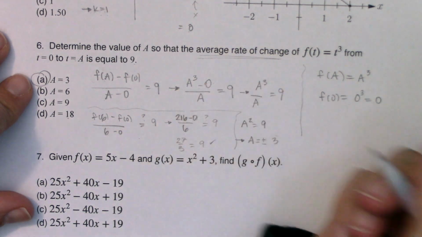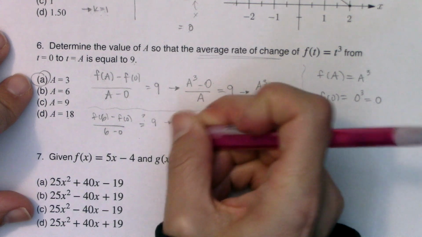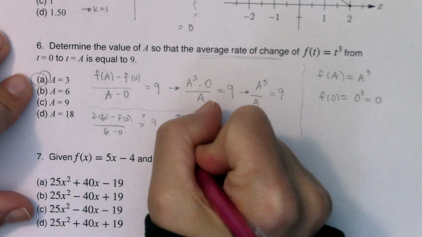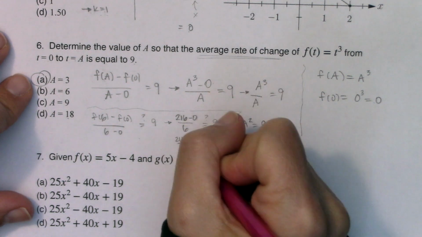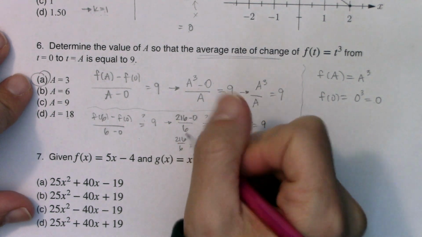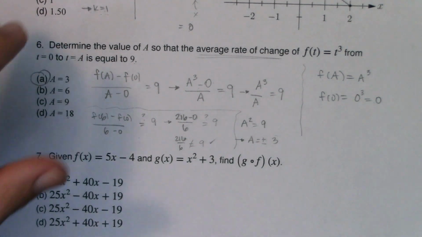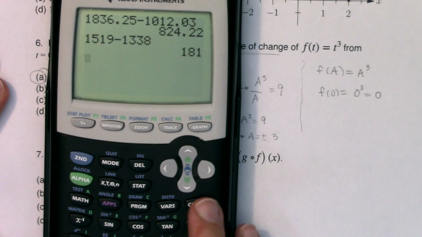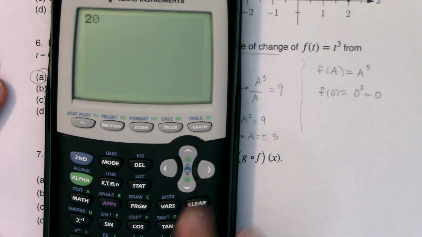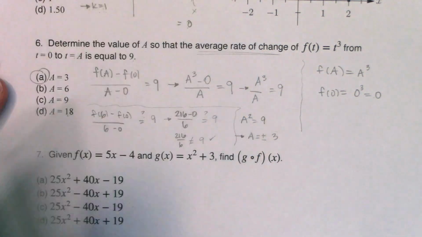And 216 over 6, this is not equal to 9. If you crunch it on your calculator, and I can pull my calculator out just so you can take a look at that, just so you can kind of see counterexamples. If I do 216 over 6, that's equal to 36. It's not equal to 9.